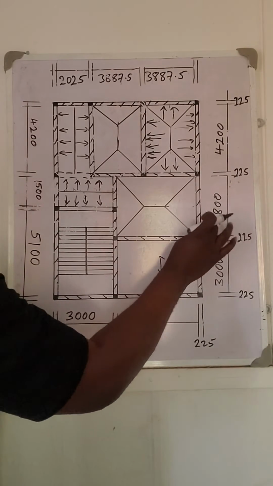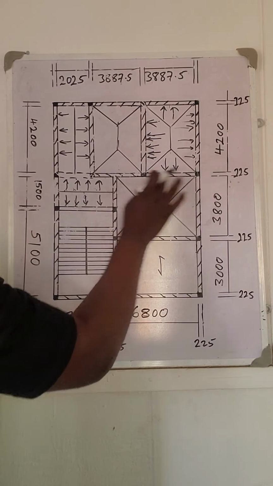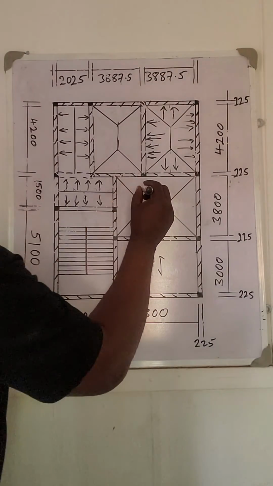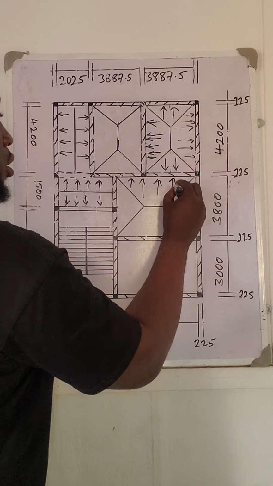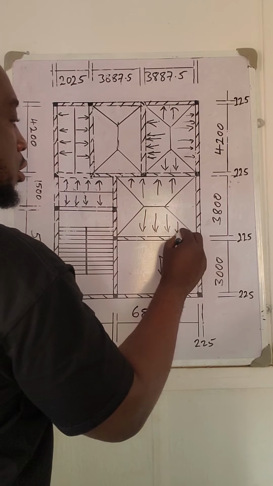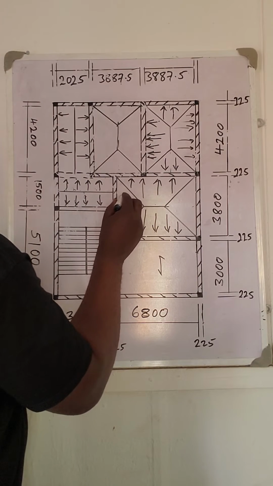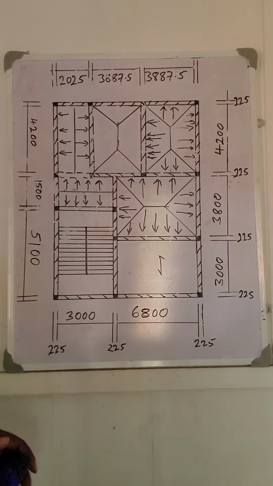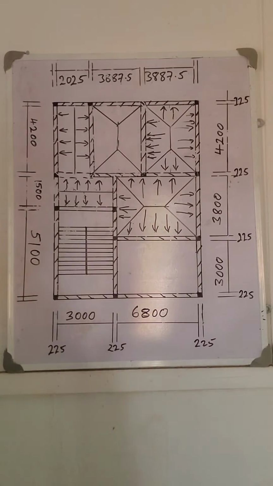Now this is the shorter span, 3,800, and this is 6,800. So this is how this one will distribute to this. Then this will distribute like this, and this will distribute like this. Then the final one is a one-way slab.